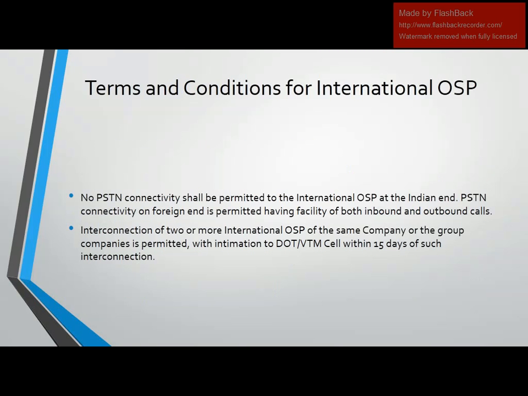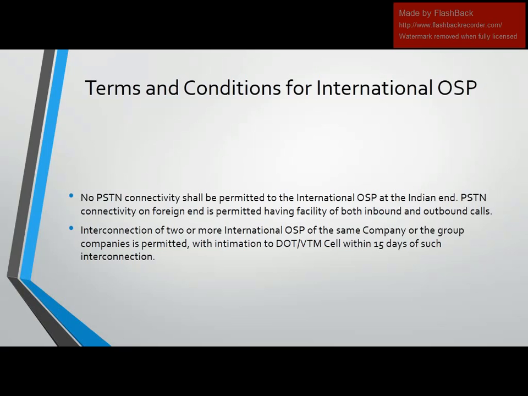Now, I am going to discuss the terms and conditions for international OSP. No PSTN connectivity shall be permitted to the international OSP at the Indian end. PSTN connectivity on the foreign end is permitted, having facility of both inbound and outbound calls.